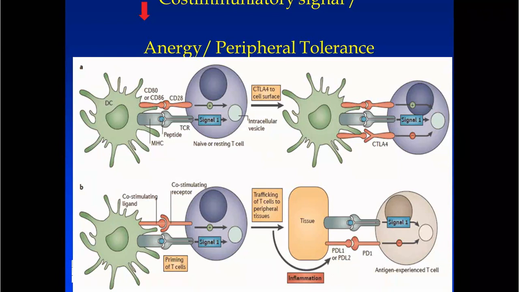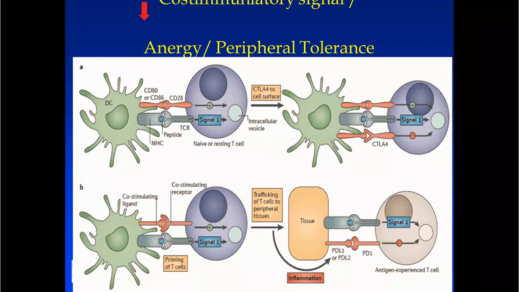This peripheral tolerance or anergy is used by some tumors to escape from the immunity. And as we mentioned, we have two main pathways to develop anergy. These two pathways are the CTLA4 pathway and the PD1 pathway. Both pathways aim to inhibit the co-stimulatory signal.